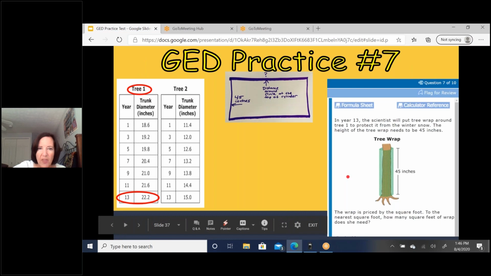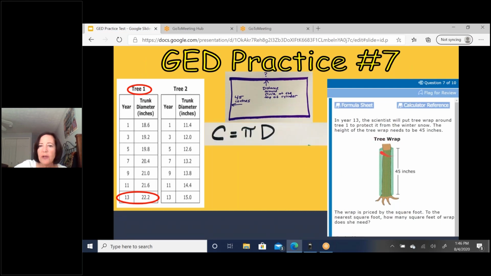So now we know we need to find the distance around this circle. We had two formulas for circumference, but we are going to use circumference equals pi d. And the reason we're going to use this formula is because in our chart of values here, our information is given as a diameter.